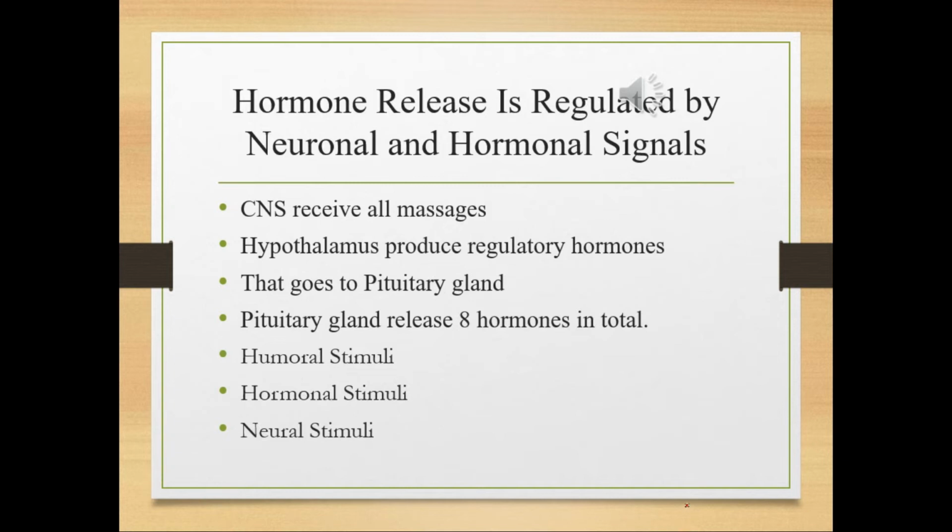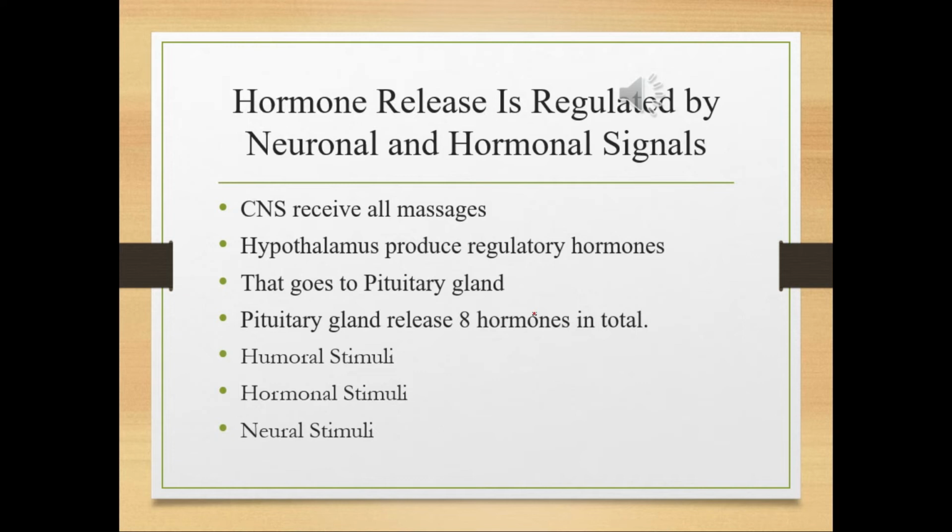The central nervous system receives messages and commands the hypothalamus to produce the appropriate regulatory hormones. These hormones in turn go to the pituitary gland, anterior or posterior lobe of the pituitary, whichever is appropriate, and command it to release appropriate hormones to act on second targets, and the process goes on as we have already seen in our last slide.